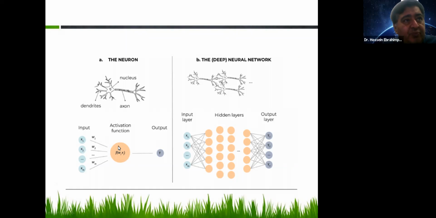How? Let me say one very simple example. Think about a system that wants to find the difference between apples and oranges. For doing that, we need to have some features for these two fruits.